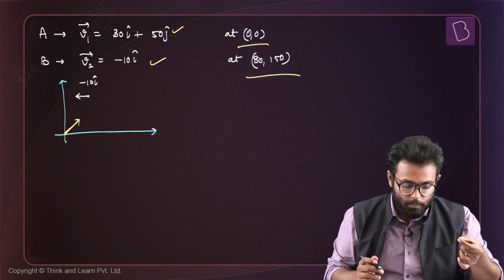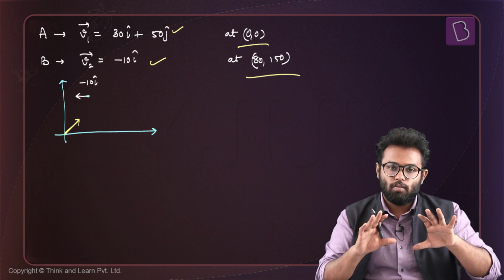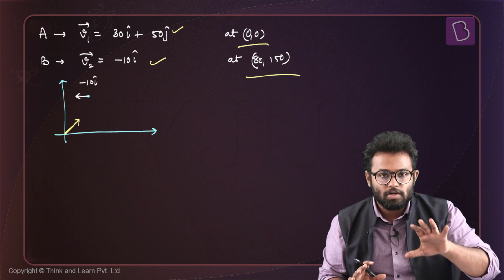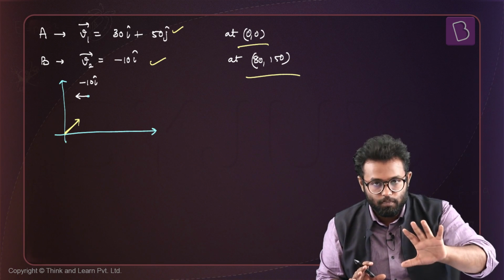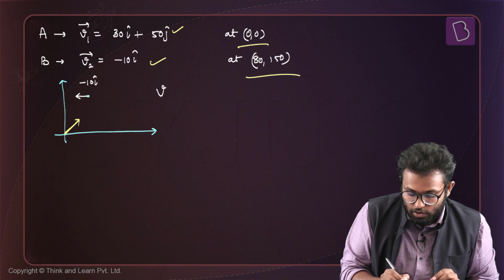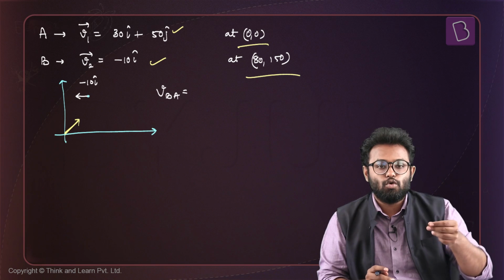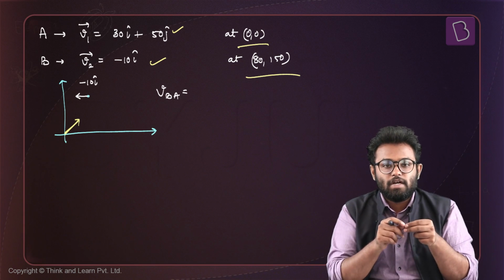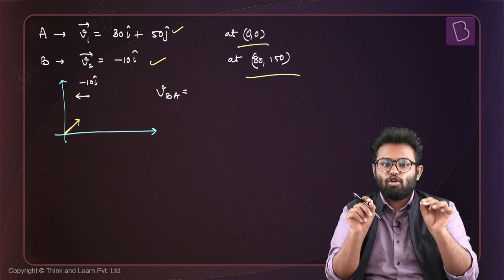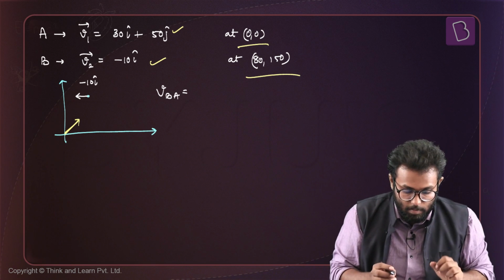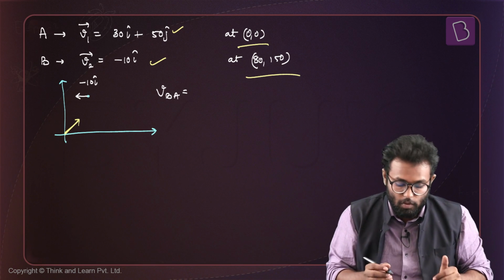What you can do is, you can say that, okay, let me consider that ship A does not move. It means let me see how ship B looks from ship A. Whenever you do VBA, it means that you have considered A to be stationary, and from there you're observing B. So what is VBA? VBA is VB minus VA. So what would I get?